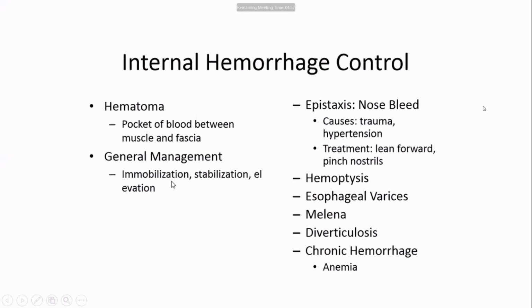General management is you have to immobilize, stabilize. Epistaxis, we have to find out the trauma or hypertension cause and treat accordingly. Hemoptysis, esophageal variceal, melena, diverticulosis. These are the things which come under internal hemorrhage, and we have to be very vigilant if there is bleeding going on at this site, and we have to act accordingly.